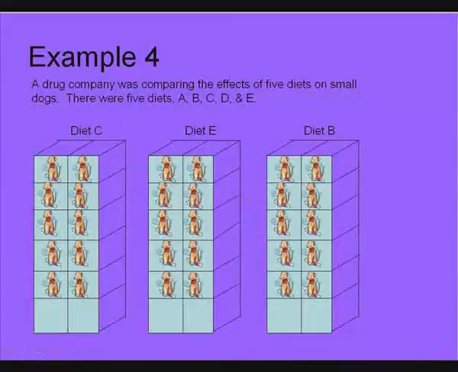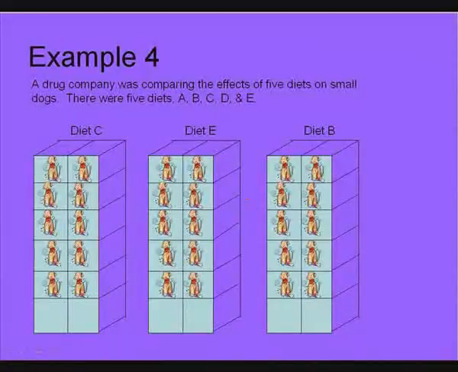And they explained the experiment to us, and each cage had 10 dogs in it. These were big cages, so the dogs could run around in there a little bit. And they wanted to study the effects of different diets on these dogs. I'm just showing 3 cages here, but there are 5 diets, and so there were actually 5 cages that were involved.